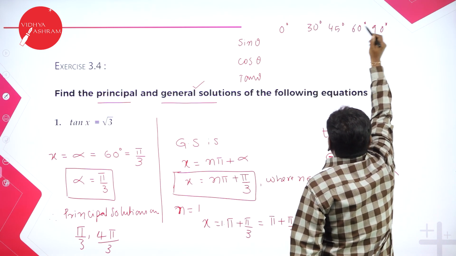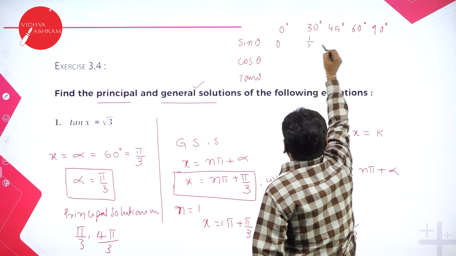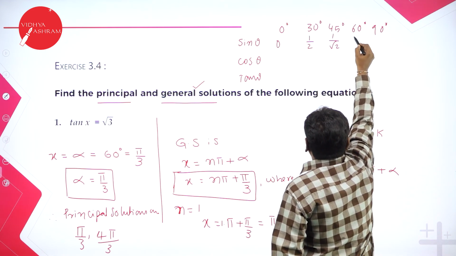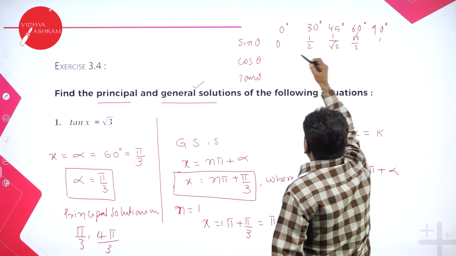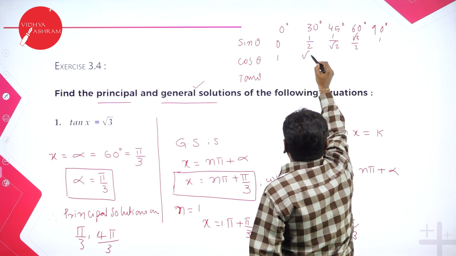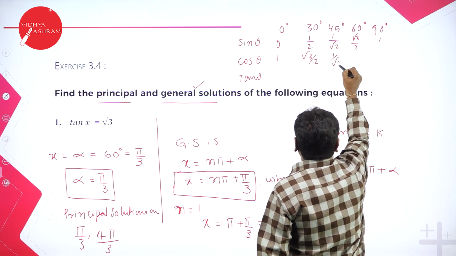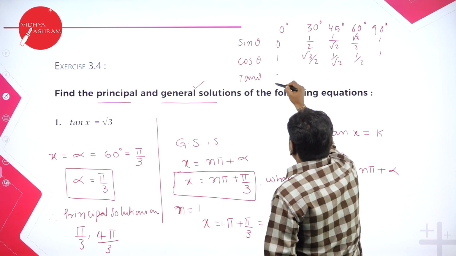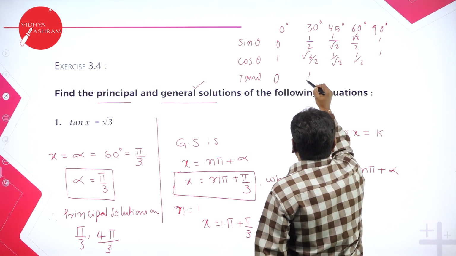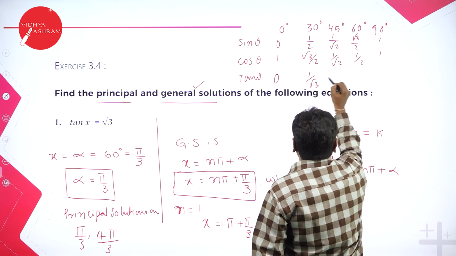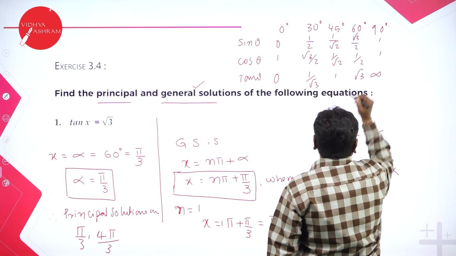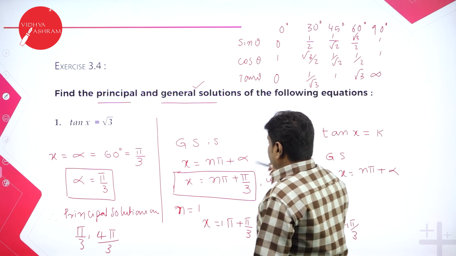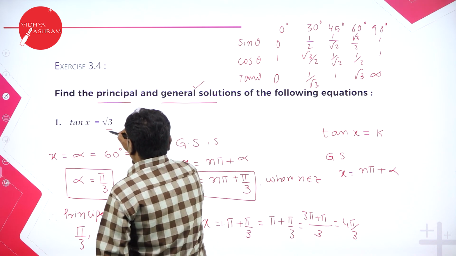Sin: 0, 1 by 2, 1 by root 2, root 3 by 2, 1. Cos: 1, root 3 by 2, 1 by root 2, 1 by 2, 0. Tan: 0, 1 by root 3, 1, root 3, infinity.